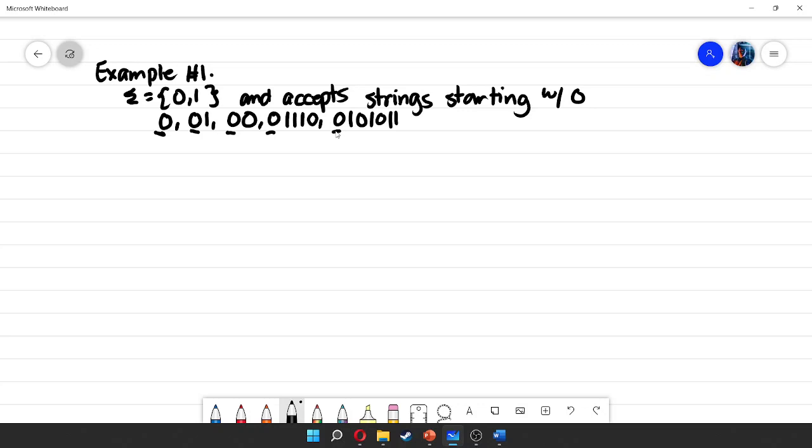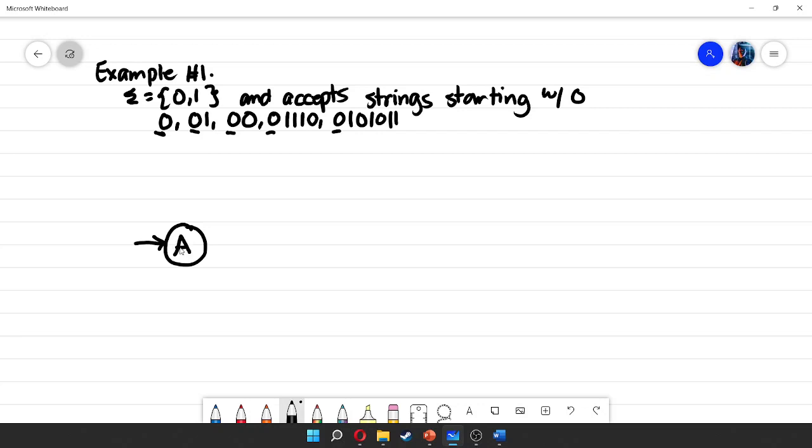So how do we construct the DFA for this? Let's start with our initial state. We always start with an initial state. Let's just say we name it A. Okay?